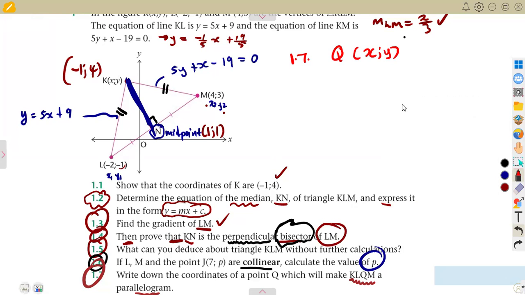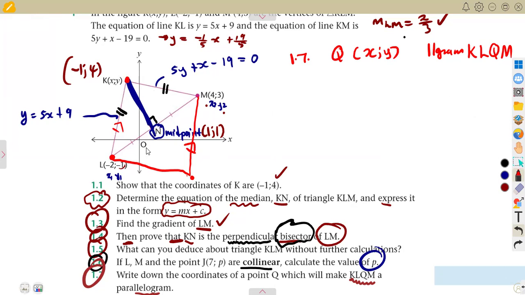It is supposed to form a parallelogram, referred to as K, L, Q, M. So I am supposed to follow the order from K to L. That means there's a point Q somewhere to point M, so that I form a parallelogram, where these two sides are parallel to each other and also equal.